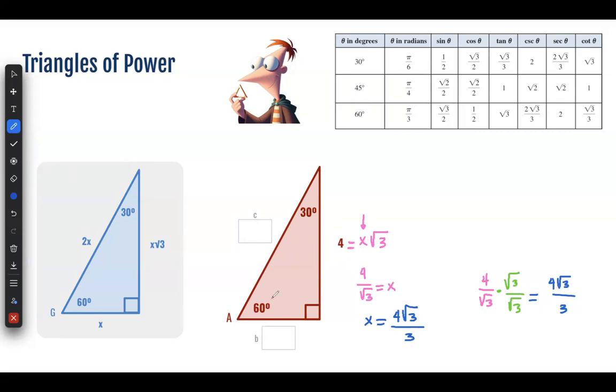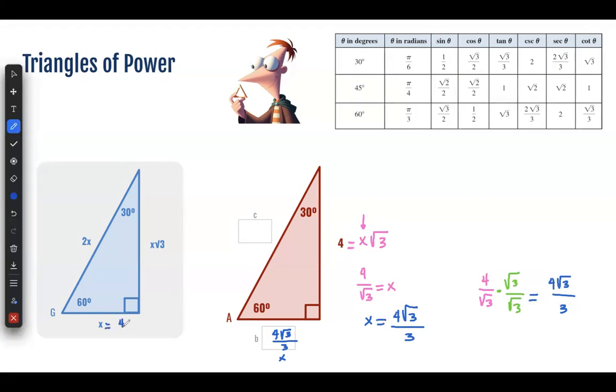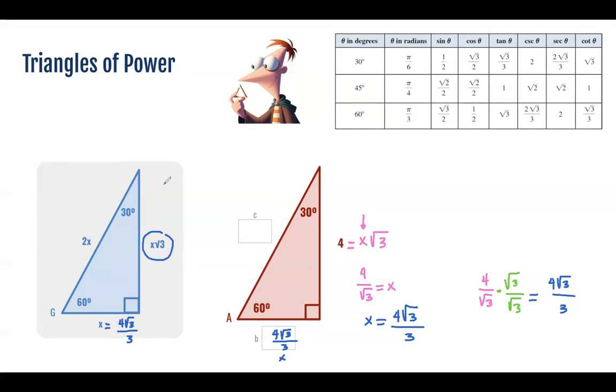If, and stay with me, we're stating that this side, meaning the side that is x, is equal to 4 times the square root of 3 over 3, then this side is x times the square root of 3.